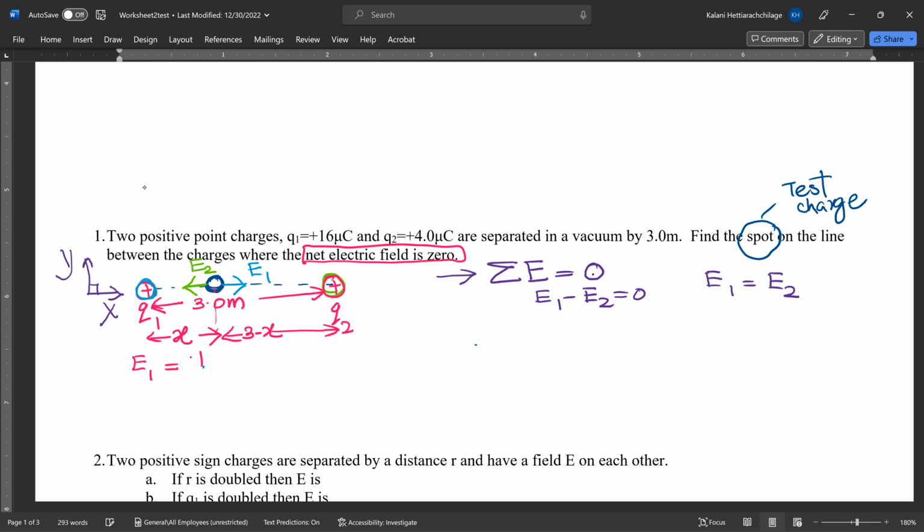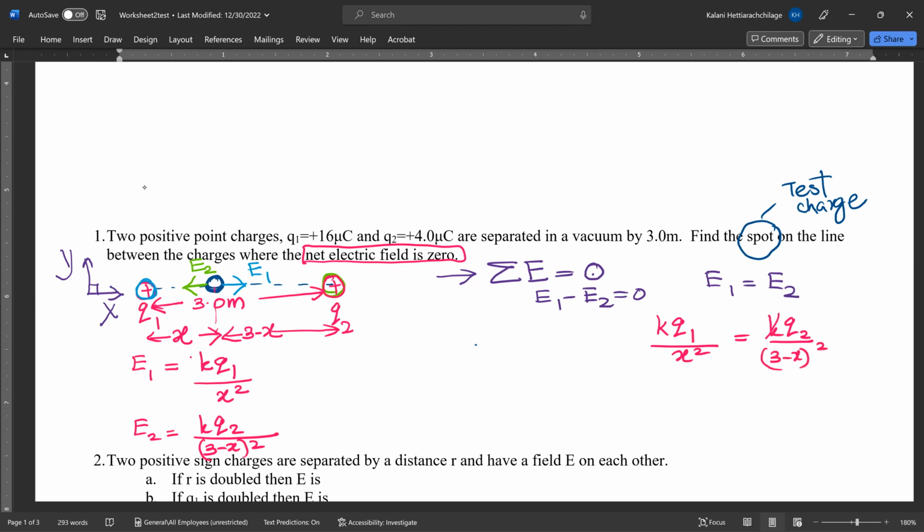E1 equals the Coulomb constant times Q1, where Q1 is the source charge, divided by the distance between your spot and Q1, which is x, to the power 2. And E2 is the Coulomb constant times Q2 divided by the distance between the spot and Q2, which is 3 minus x, to the power 2. So now we're going to go here and write those. Don't plug in the values yet, because some of the things will cancel out at the end. kQ1 over x squared equals kQ2 over (3 minus x) squared.